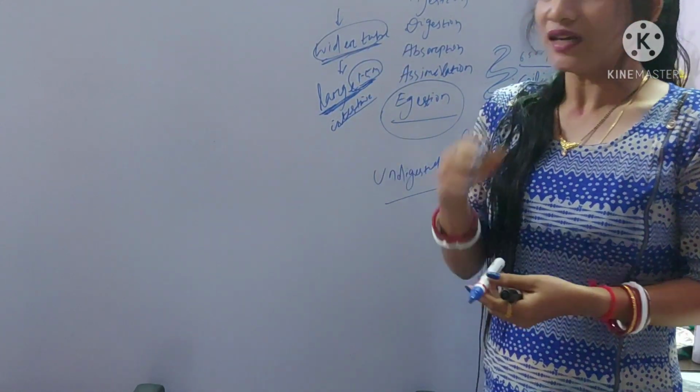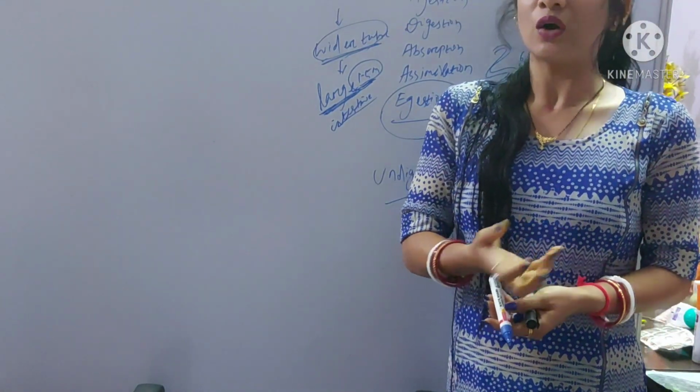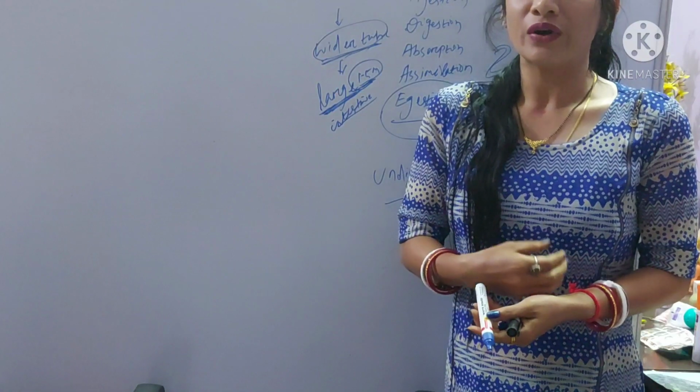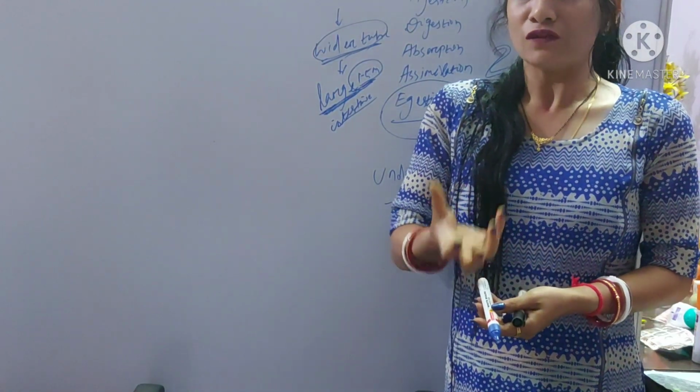In the large intestine, from the undigested food, the water is absorbed by the villi. So the water, the liquid substance, is absorbed.